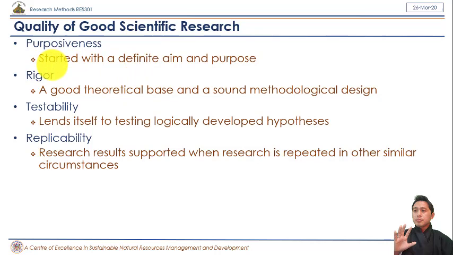Your work should be reliable, meaning it should be testable. It should have the quality of testability and replicability. If your work is very scientific, if your work is rigorous, having followed a very scientific methodological design, then your work should be replicable, should be testable with any other's work.